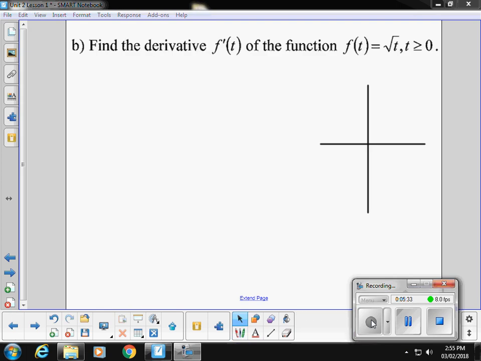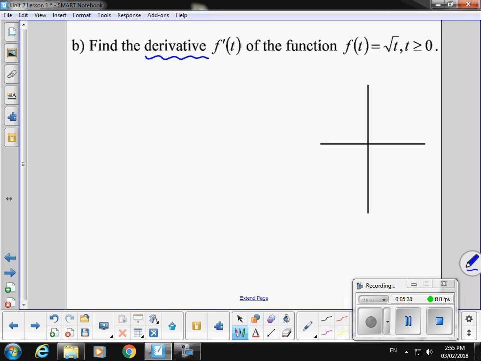Our second example, we are asked to find the derivative, or the slope of the tangent, or the limit as h approaches 0 for the difference quotient, but I'm looking for it not at a specific place, but a general case.